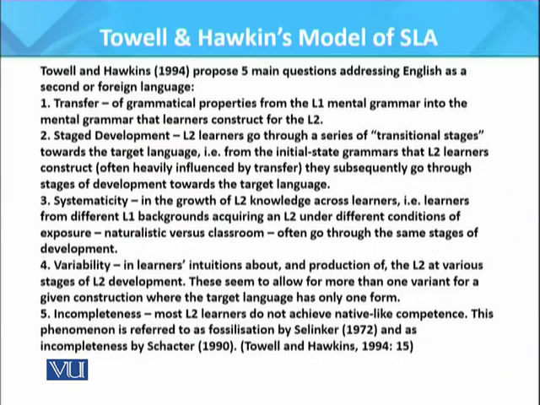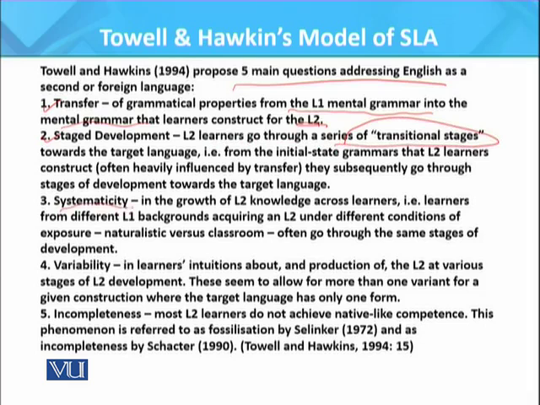Towle and Hawkins propose 5 main questions addressing English as a second or foreign language. First is transfer, and that is the transfer of grammatical properties from the first language mental grammar into the mental grammar of the second language. Second is staged development, whereby second language learners go through a series of transitional stages as part of their development of the second language.